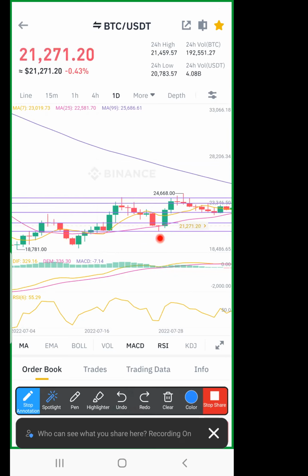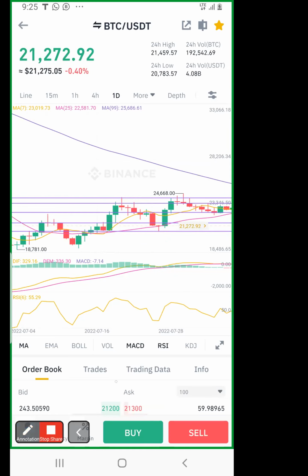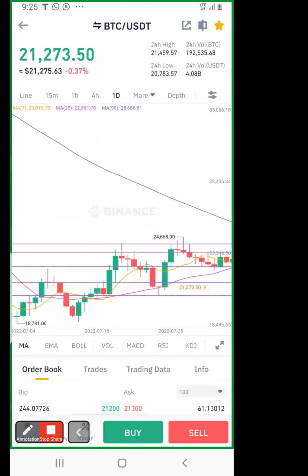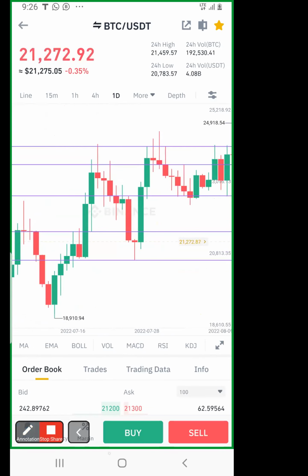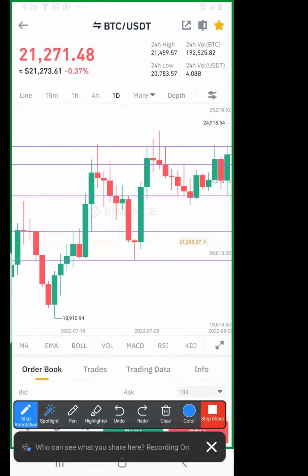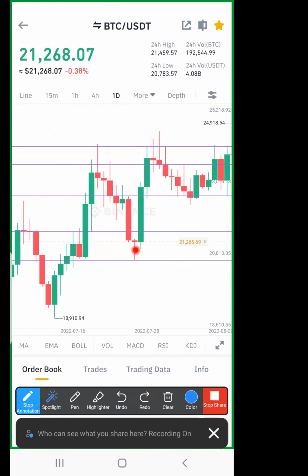Then later on, let me just remove this one such that you can see this even better. Later on, we got to the point of support. Are you seeing this candle?